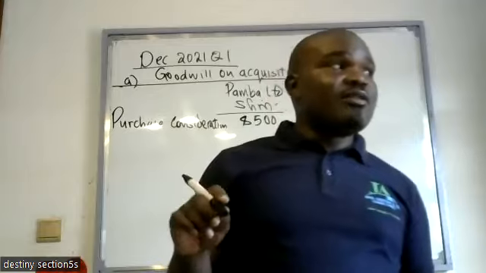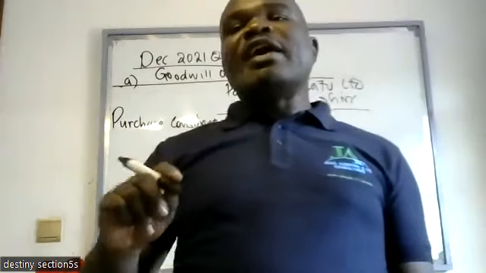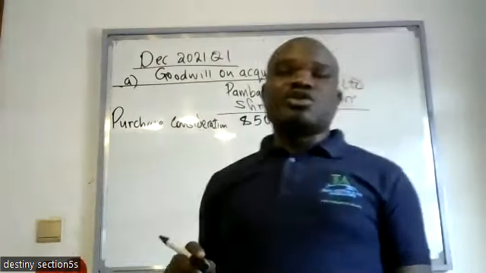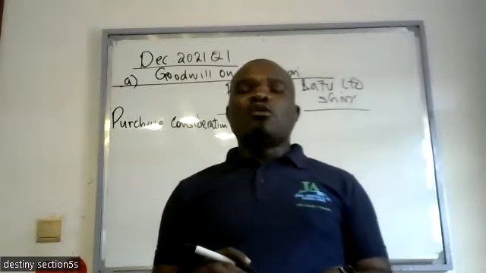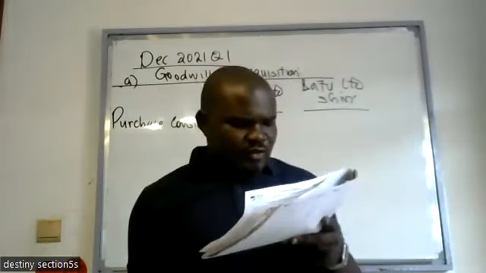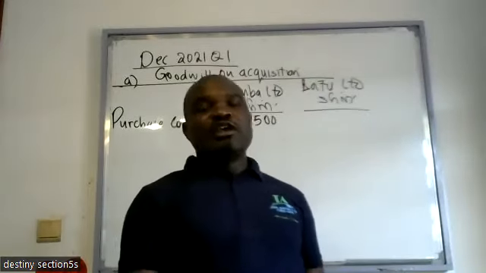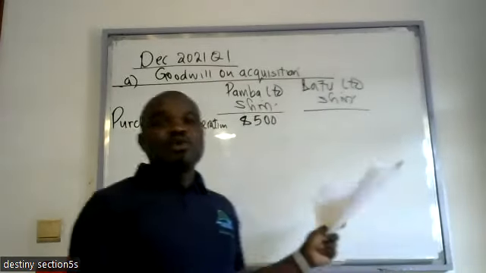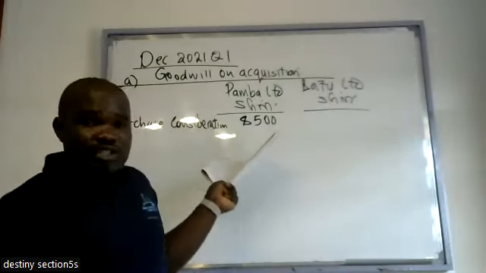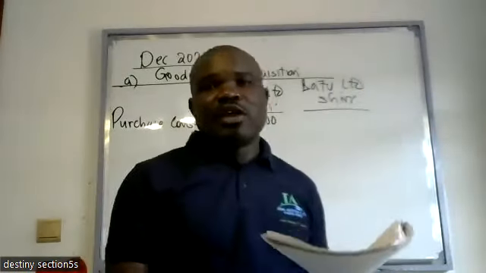You multiply with the market value, then that is the cost of investment. Can you confirm for me, take that 1250 multiplied by 6.8, then tell me whether it will give us the same figure which they gave us up there.